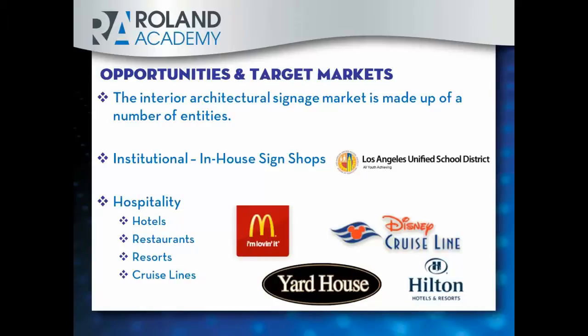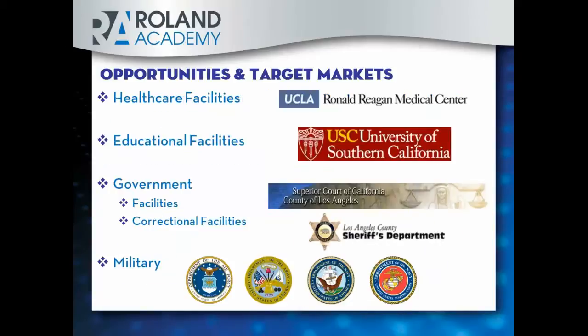Again, your hospitality, such as your hotels, your restaurants, cruise lines, as well as resorts, require ADA compliant signage. Your healthcare facilities, your hospitals, your universities, educational facilities, so your universities, your high schools, elementary schools require this. Your government facilities, so courthouses, for instance, police departments, tax man, county recorders, as well as the military.